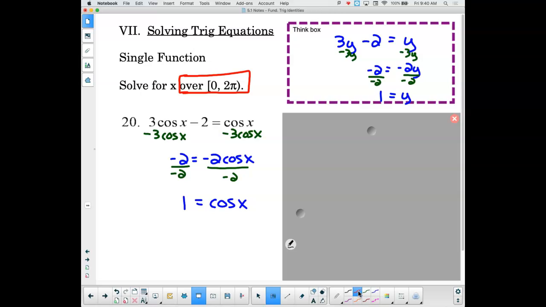Okay. But this is saying right here that I'm not including 2 pi. So the answer would just be 0. So x equals 0.